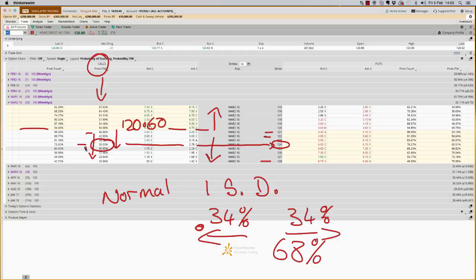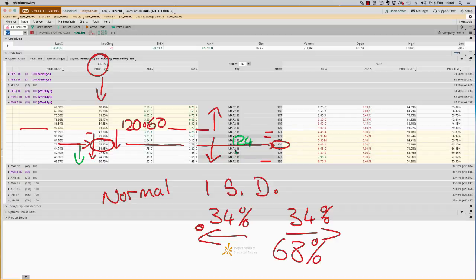What this particular strike price is telling us, and that percentage probability of being in the money, is that that is at the extreme boundary of 1 standard deviation. So this is where our normal expectation stops being normal. So any price movements past this particular level, again, we're looking at $124.